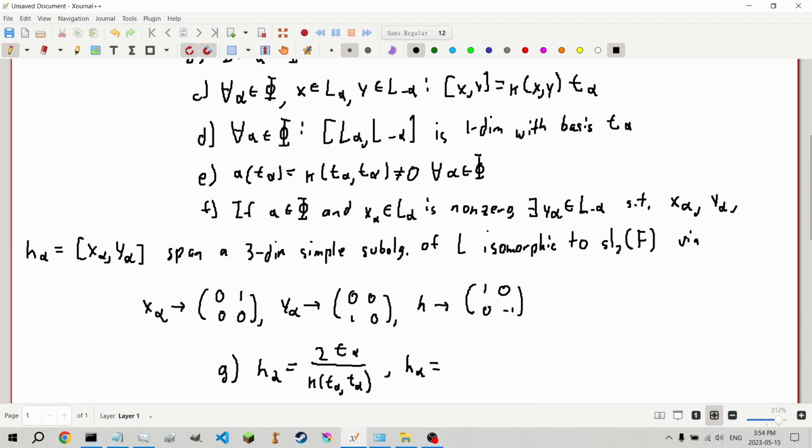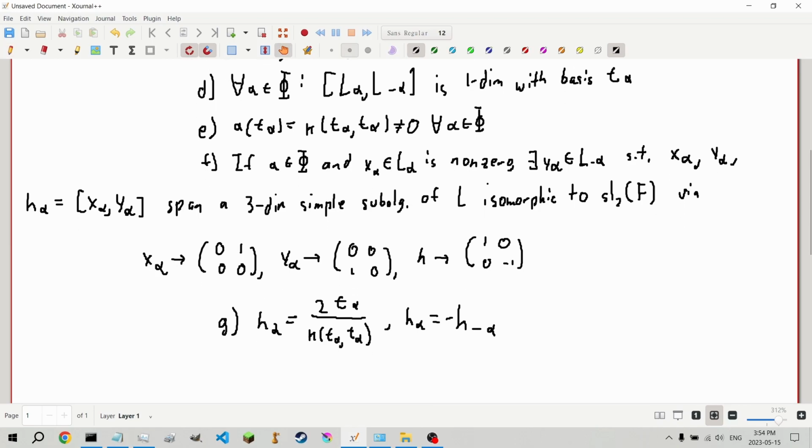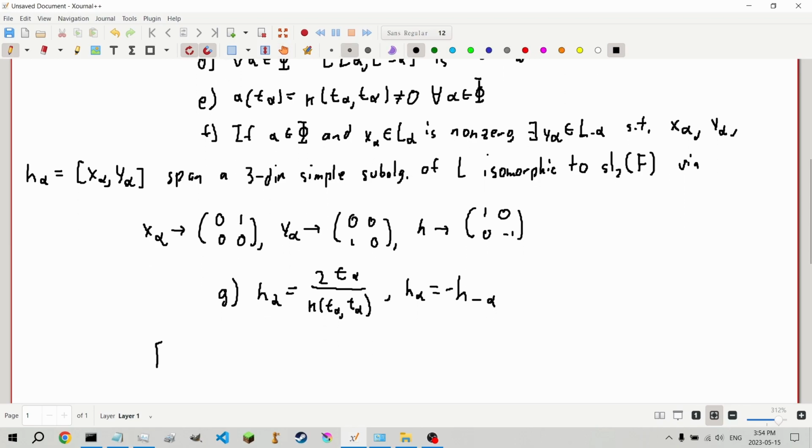And h negative alpha is the negative of h alpha. Now, a lot of different things to prove here. Let's go over them one by one.